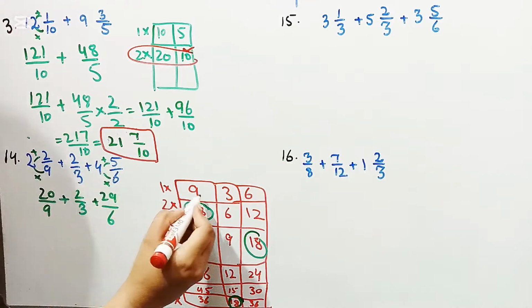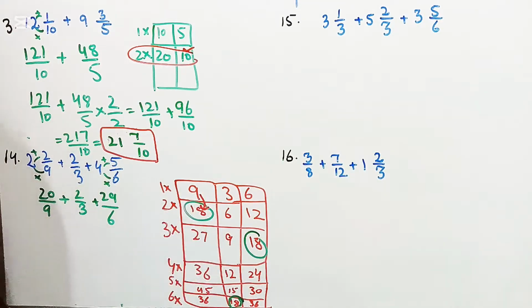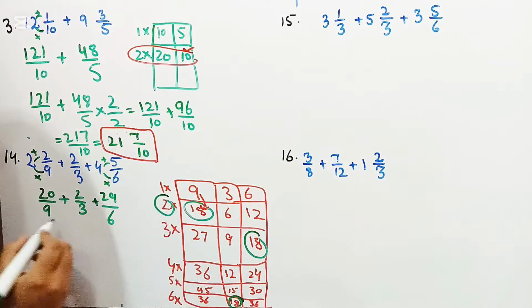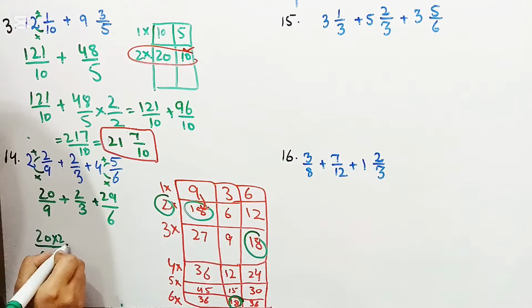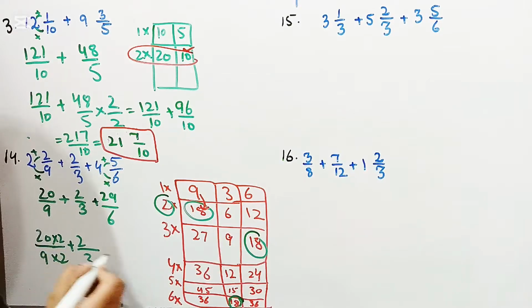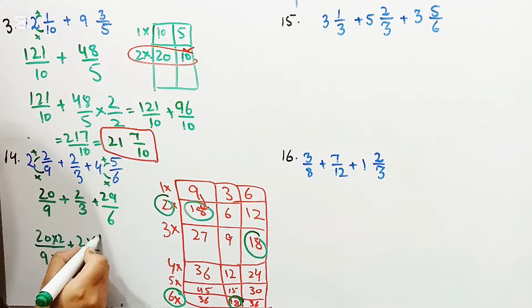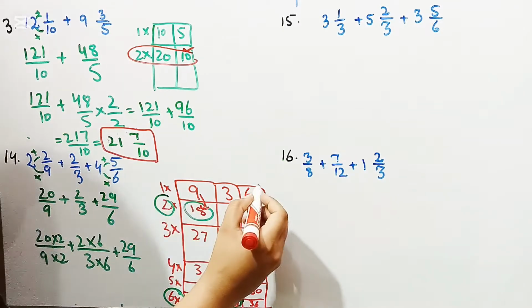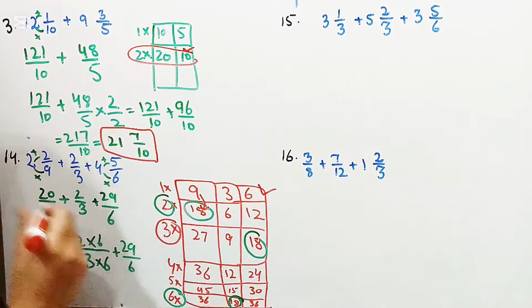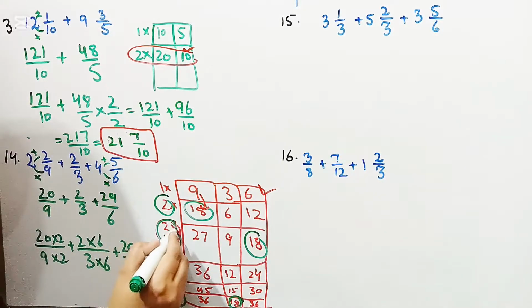When we multiply the 9 to 18 with 2, 20 multiplied by 2, plus 2 by 3. In the 3 denominator we multiply with 6, plus 29 by 6. When the 6, there is 3, we find the 3.